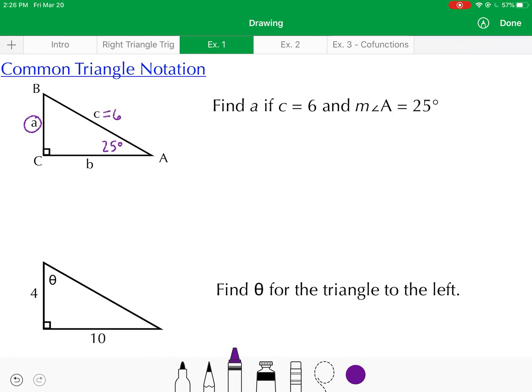So this is an opportunity for me to use the sine function, which is, again, defined to be opposite side length divided by the hypotenuse. So I can say that sine of this 25-degree angle should equal a divided by 6, opposite side length over hypotenuse.